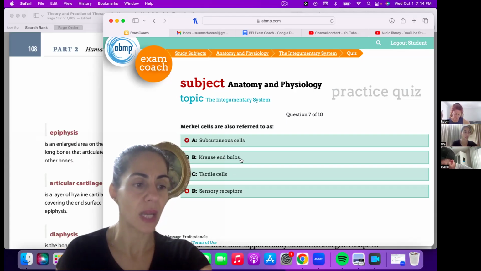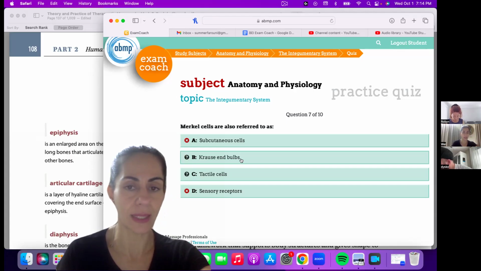Now, highlight nociceptor. A nociceptor is also a free nerve ending, but it's more for pain. Exactly. Now, the next type is Meissner corpuscles. We're going from superficial to deep, okay?